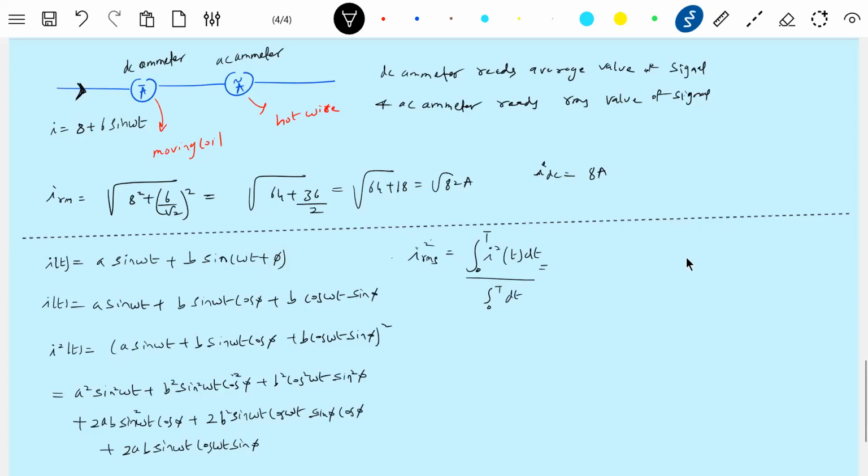We already have this function, so everything has to be brought into the integral.